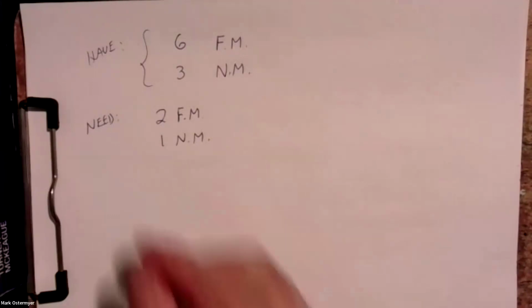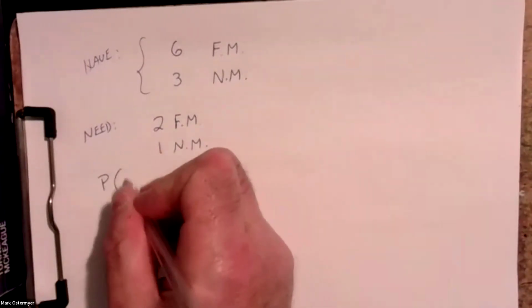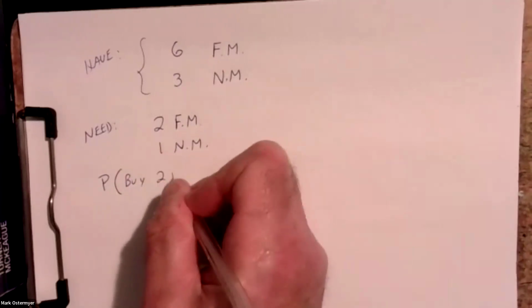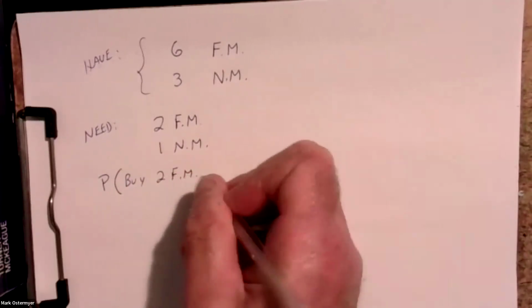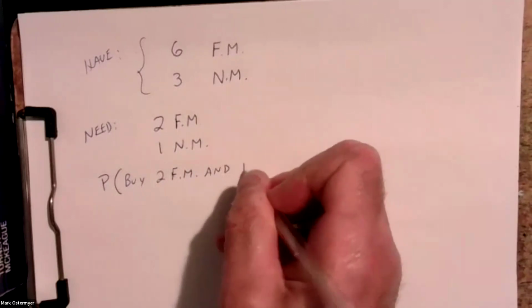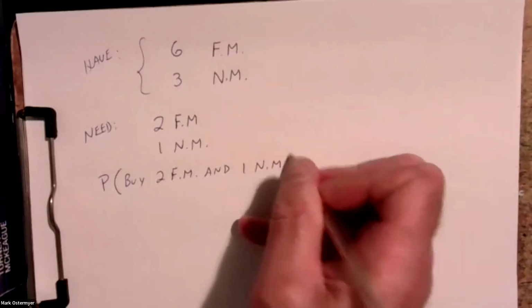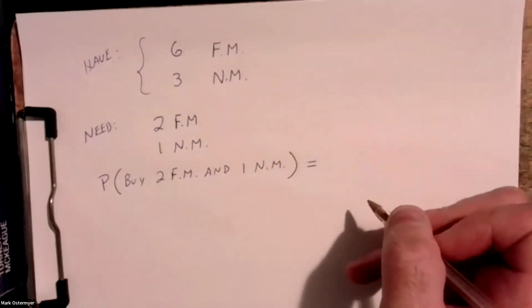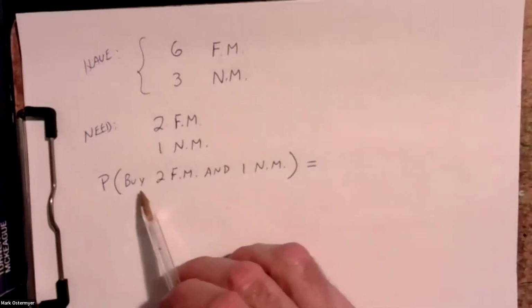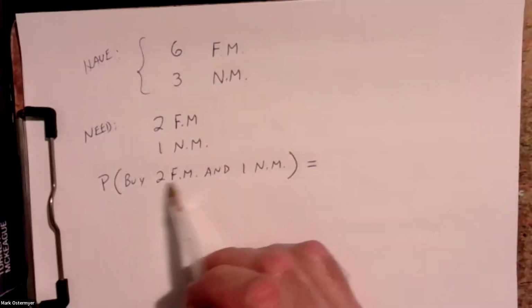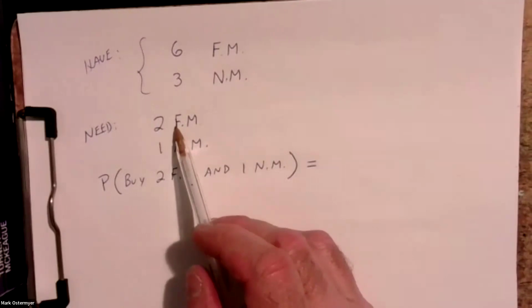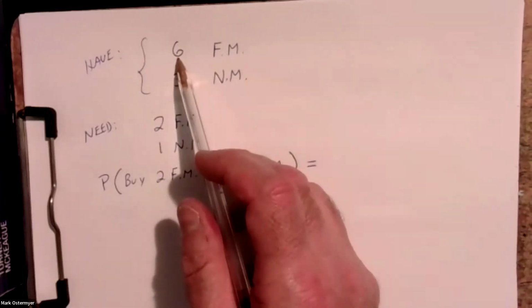So to compute the probability that the person will buy 2 fitness magazines and 1 news magazine, it is going to be equal to how many ways can the person buy 2 fitness magazines from the 6 that are available, where order does not matter.